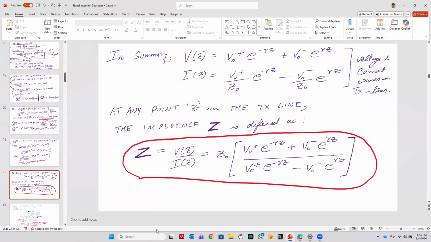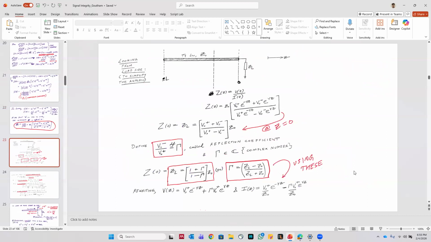And so now that you have an expression for the voltage and current at any point along the line, you can calculate the impedance, which is just defined as V by I. So the impedance at any point of the line is just V over I, which is given by this expression, okay? And usually by convention, you assume that the receiver side is at Z equals 0.